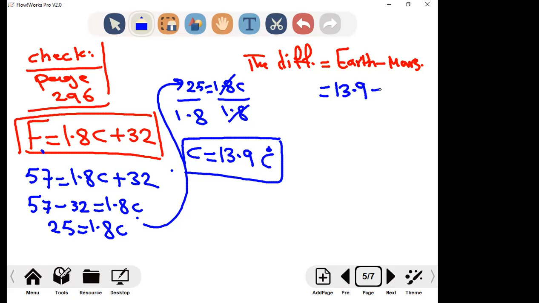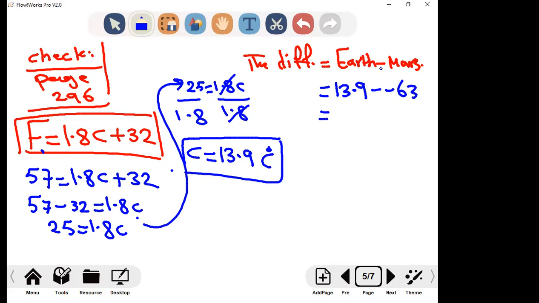negative 63. Now I have two negatives, right? One of them from finding the difference, the other is the sign for the value of Mars, right?